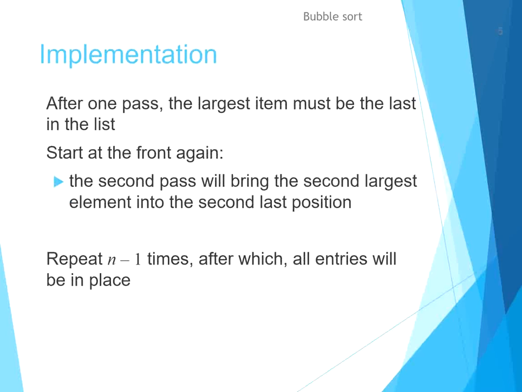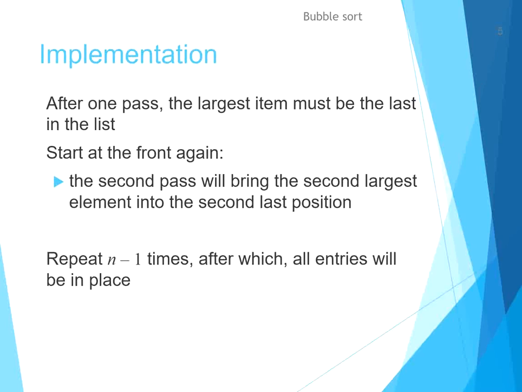After one pass, like after one iteration, the largest item must be the last in the list. This is the basic theme of this sorting algorithm: after each iteration, the largest element will move to the end.